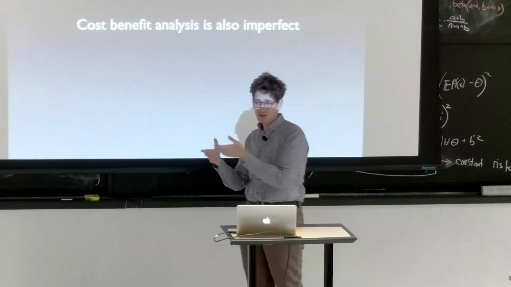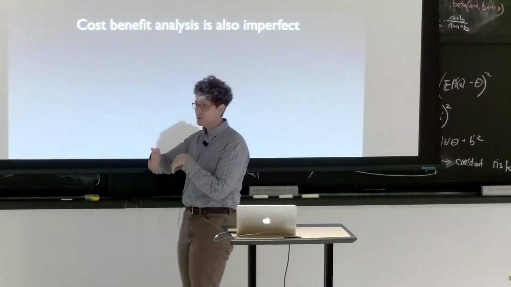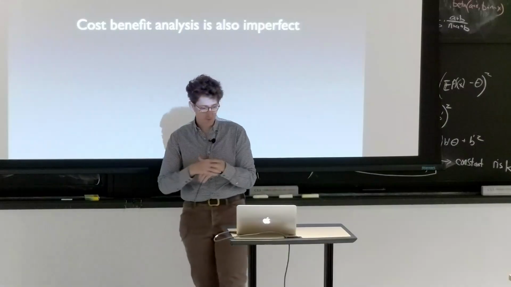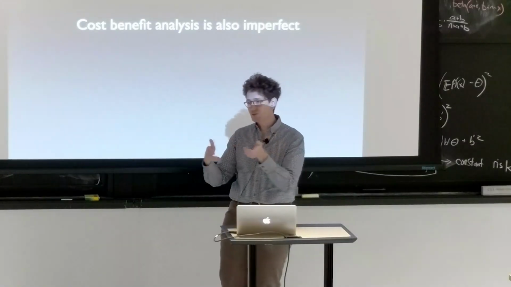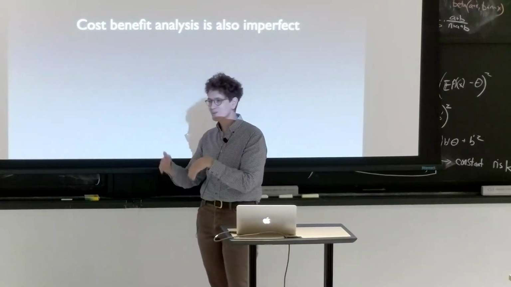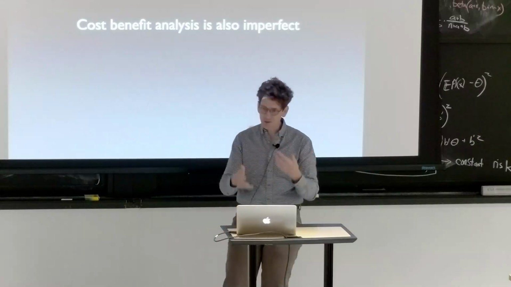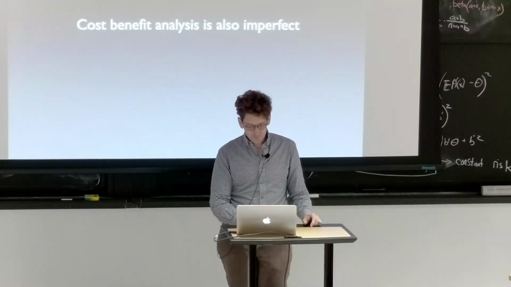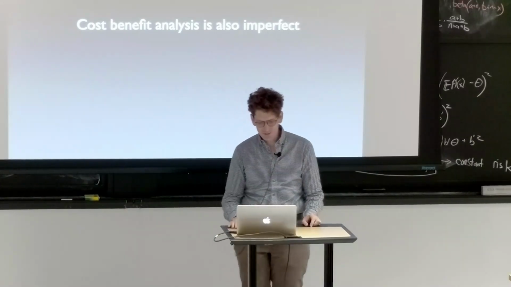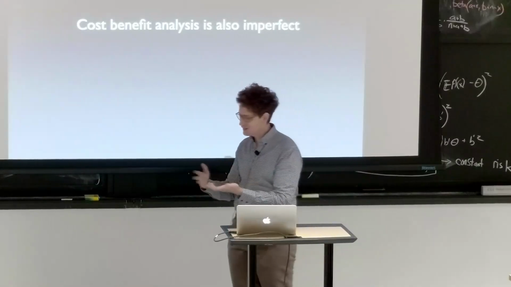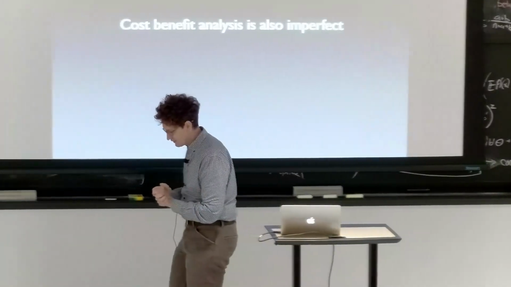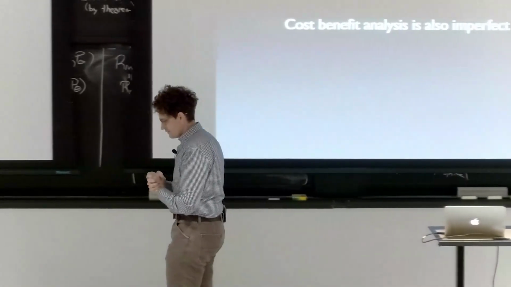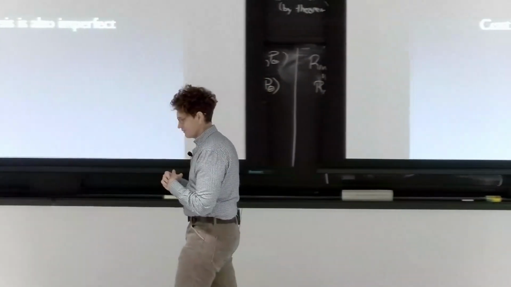You can minimize the cost subject to some allowed amount of emissions. That's probably the best you can do. But you can't also then go out and minimize the social inequality and minimize all these other things that you might also care about. I can give you an example of that. These optimization issues can be really difficult.